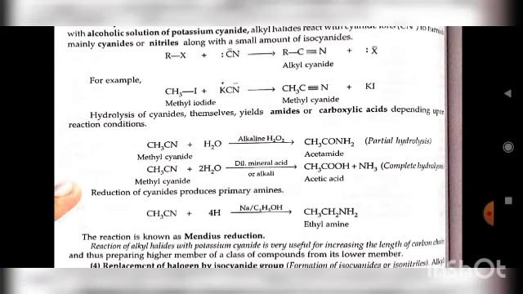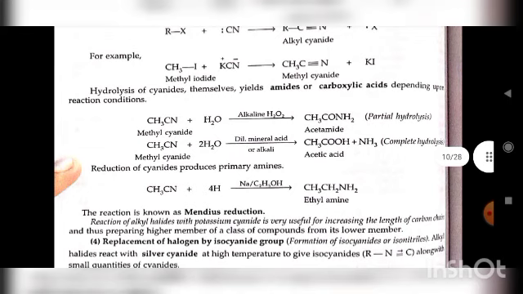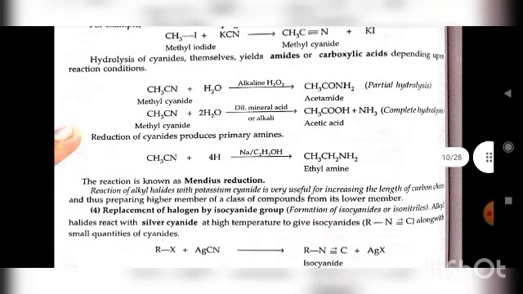Hydrolysis of cyanides themselves yields amides or carboxylic acids depending upon reaction conditions. For example, methyl cyanide and water with alkaline H2O2 gives acetamide on partial hydrolysis, and methyl cyanide with H2O in presence of dilute mineral acid or alkali gives acetic acid plus ammonia on complete hydrolysis.